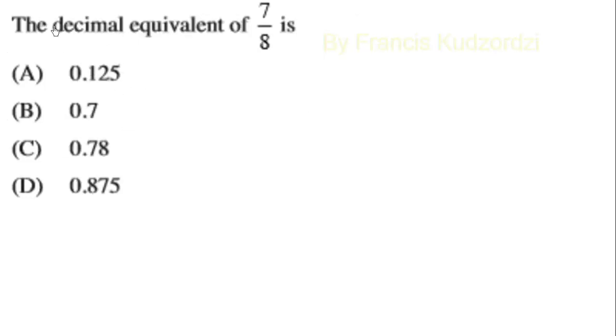We want to find the decimal equivalent of 7/8. We quickly perform a long division to get that. In doing that, the number in the numerator comes here under the division sign.